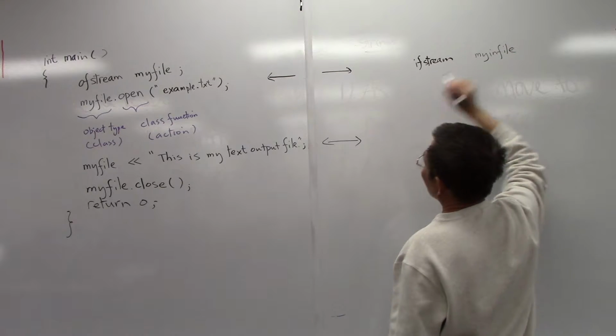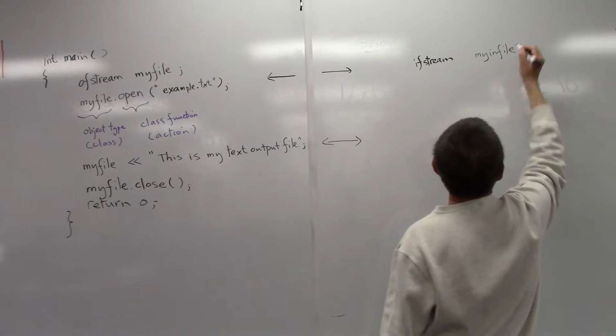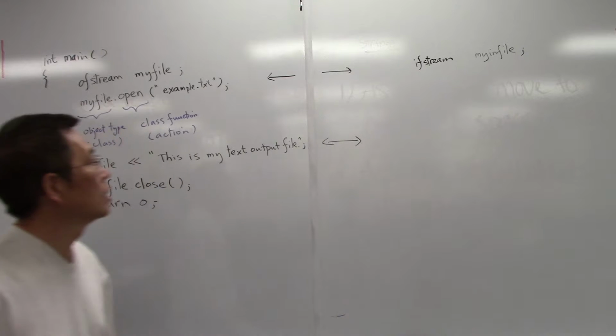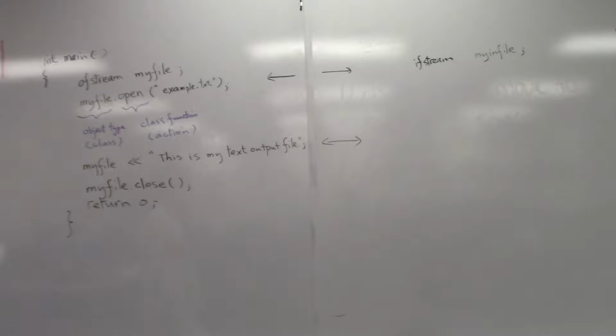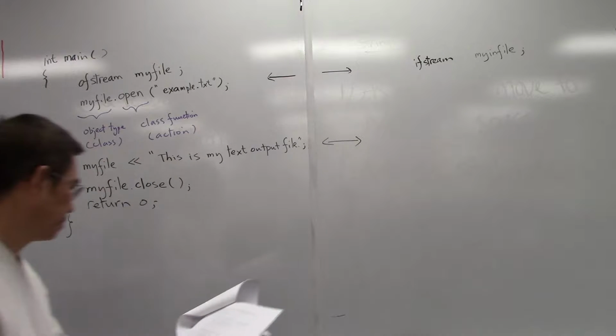Okay, to distinguish with the other one. So this declared a class object, my in file.